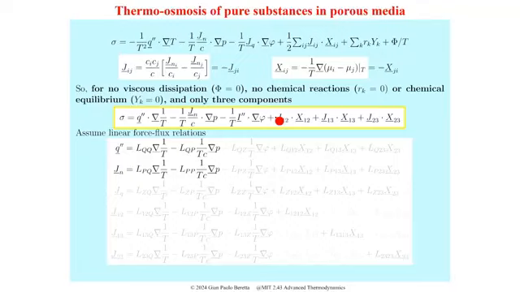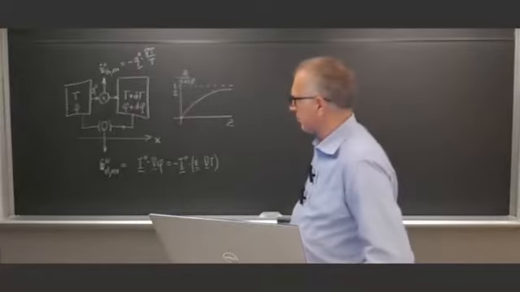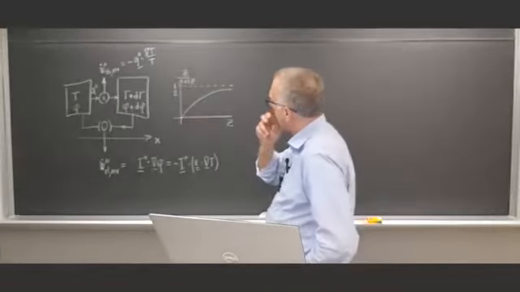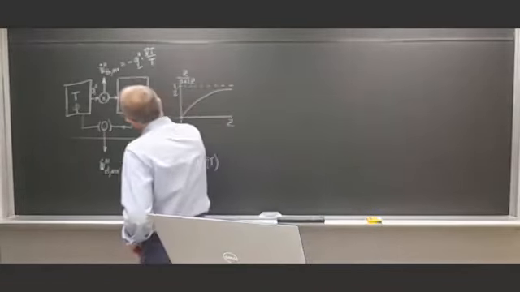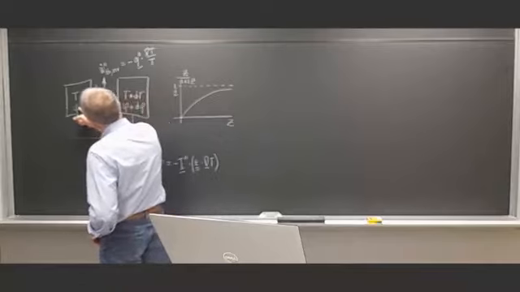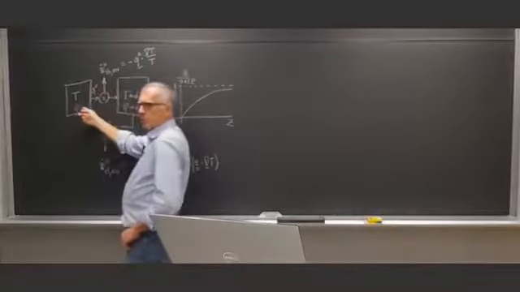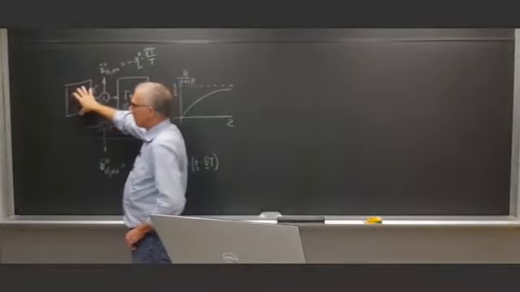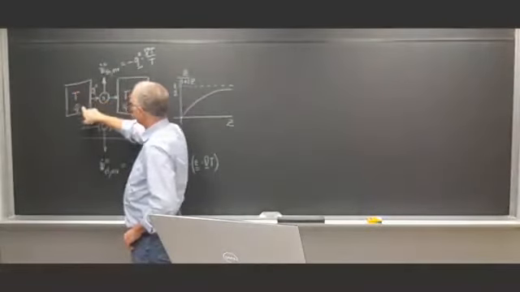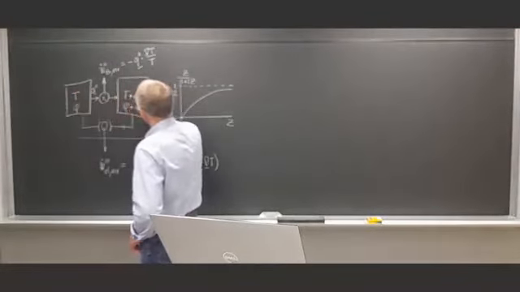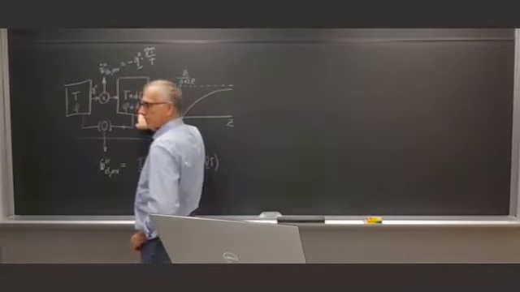Here is another example somewhat similar to that one. Think of having, instead of the electrostatic potential, the pressure. So you have two reservoirs, one at T and P, and the other at T plus dT and P plus dP.